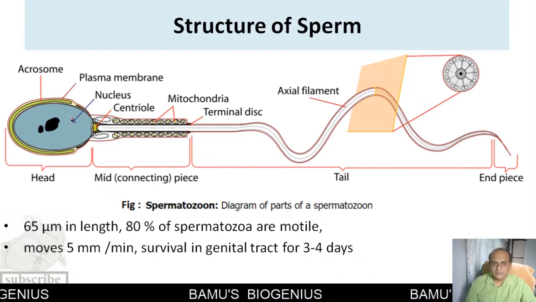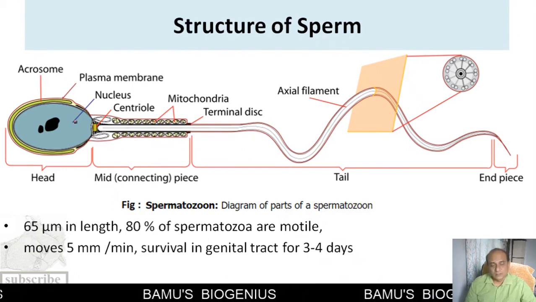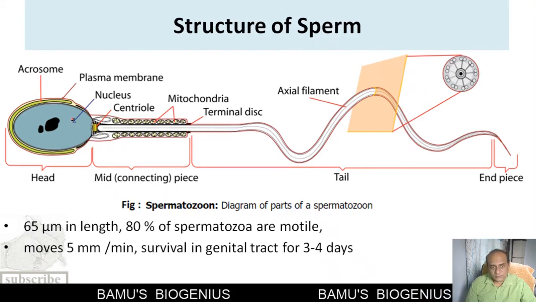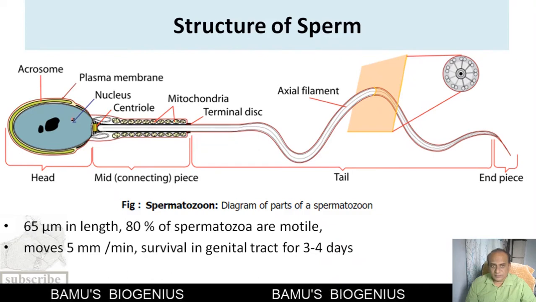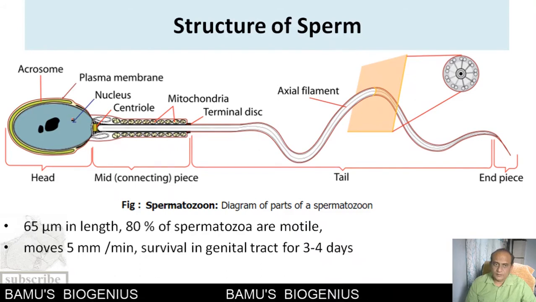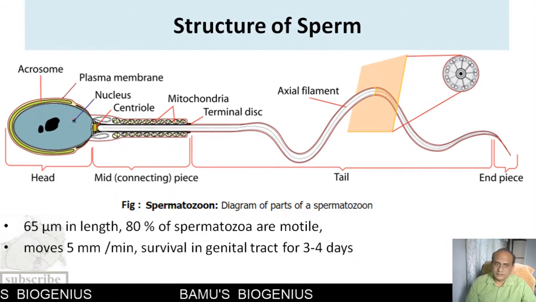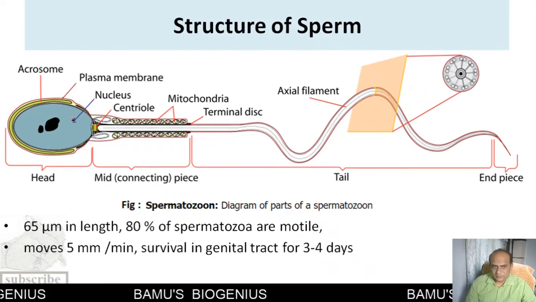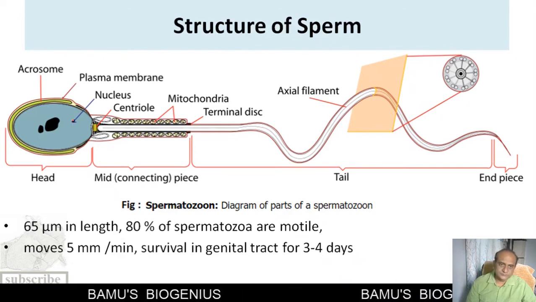Because of the cysteines present in these protamines, they form sulfur bonds, and these sulfur bonds help in compaction of the nuclear material. So this is how the nucleus is a highly compact region present at the head of the sperm.